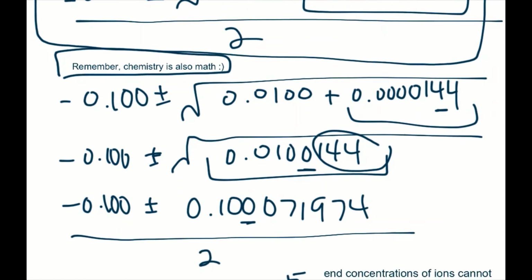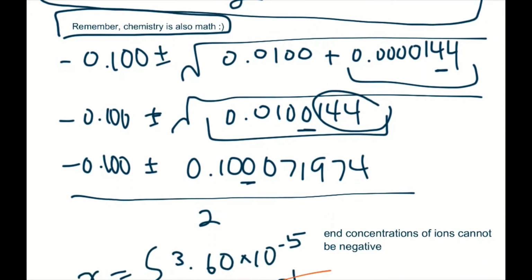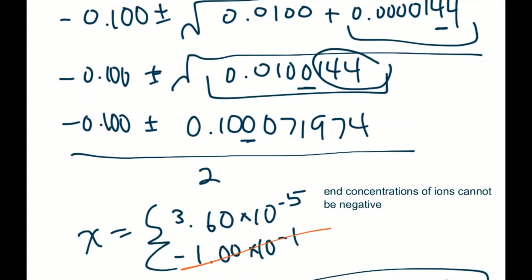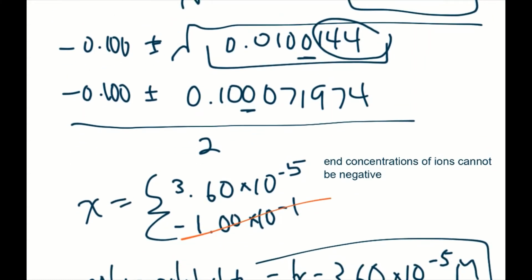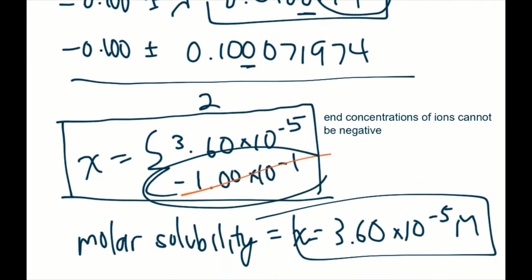Now, you see how I added it, and I kept track of sig figs, and I took the square root of it, and then I came up with 2 answers. So each of these had 3 sig figs in the end, and they're pretty accurate. So these are the 2 x's that I got, and the second x is wrong because the end concentration of ions cannot be negative.